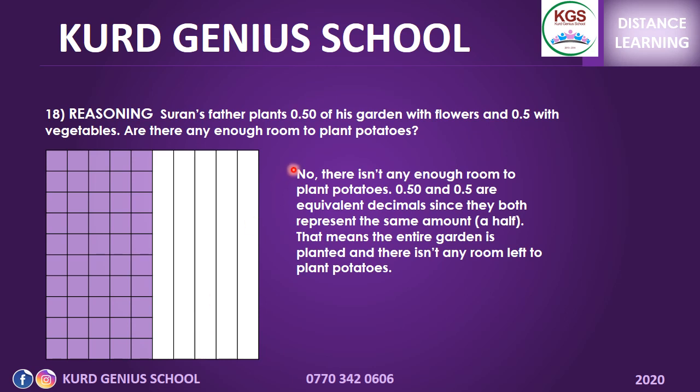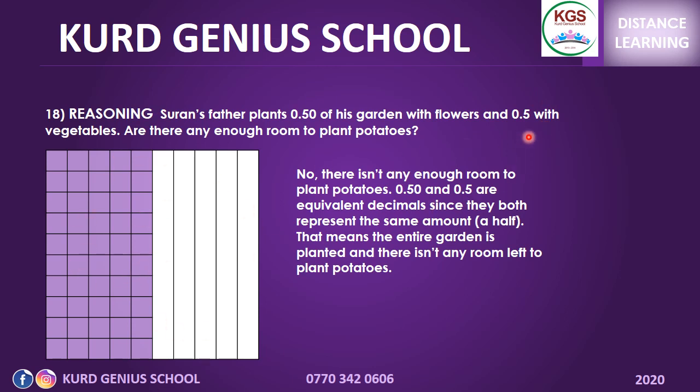Remember, there's a very important note that you should always remember in equivalent decimals. Adding zeros after the last digit in the fractional part of a decimal number doesn't change the amount, just like this 50 hundredths and this 5/10ths. If I make this 500 thousandths, it still doesn't change anything because it's still the same as half of the garden.